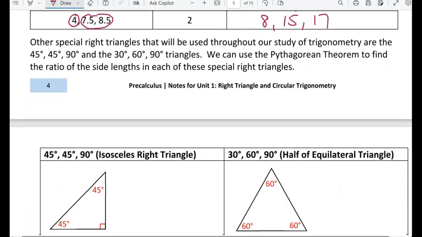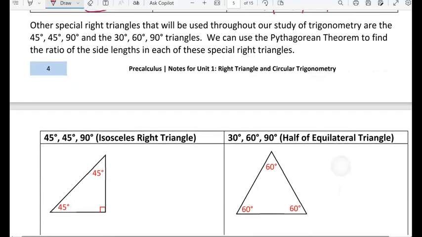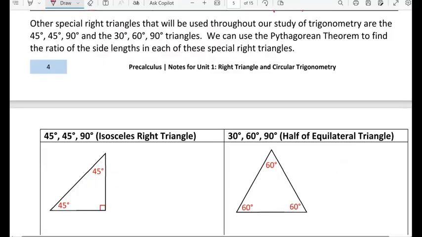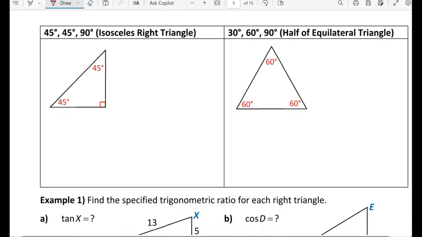All right, other special right triangles that we're going to look at are 45, 45, 90, and 30, 60, 90 triangles. We can use the Pythagorean theorem to find the ratio of the side lengths in each of these special right triangles. So in a 45, 45, 90 triangle, we don't really know what the side lengths are, so they can be bigger or smaller, but what we can do is create a basic triangle where the smaller sides are a really easy number to work with, 1.